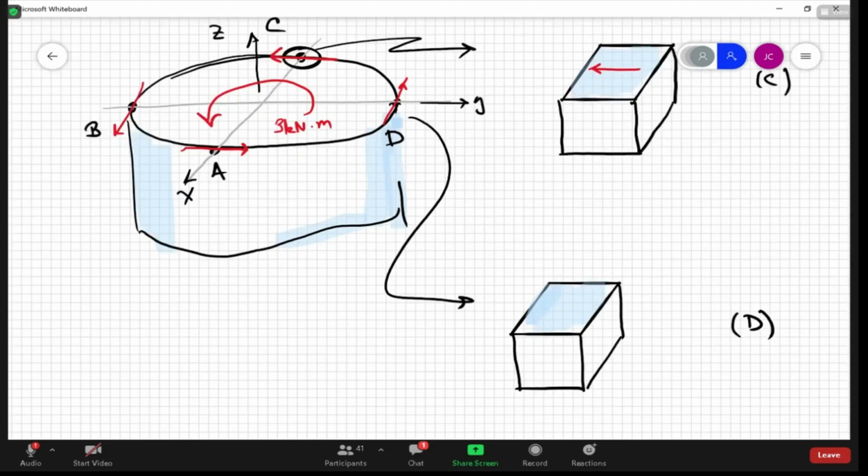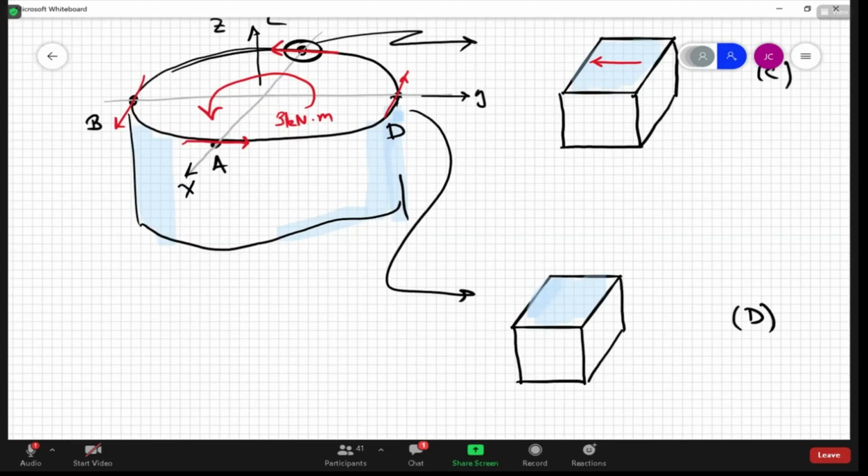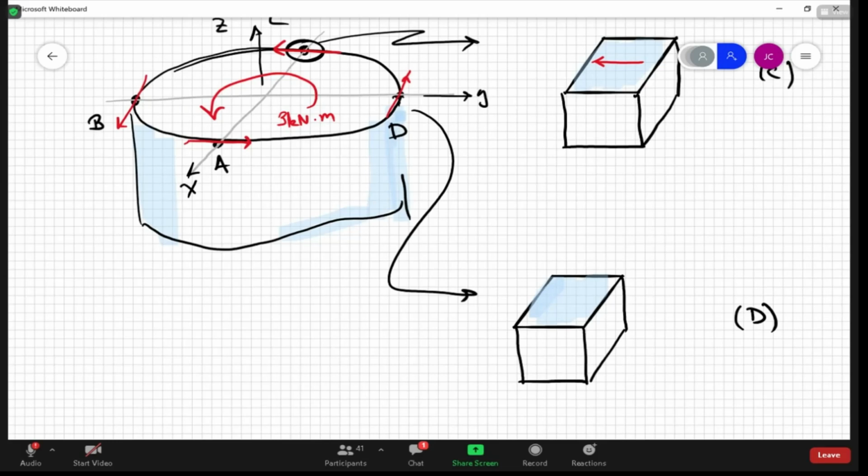Because its couple friends are going to be, right, obviously on the bottom face, it's going to act in that direction, right? And then it's going to act that way as well as up that way, right?